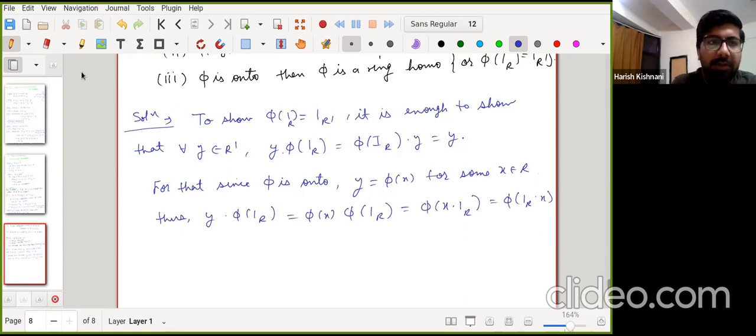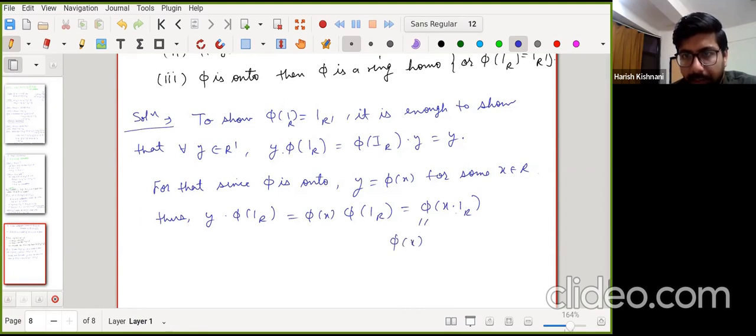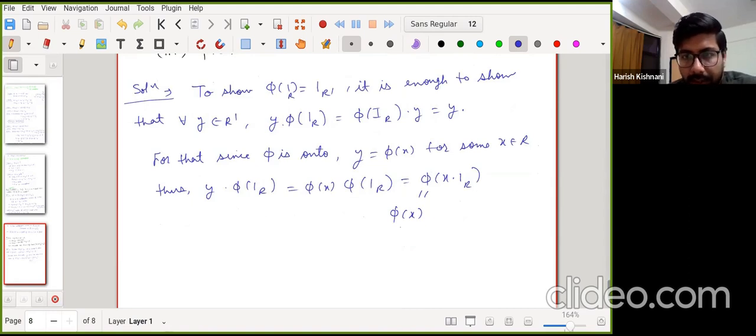I will do both the parts simultaneously. So this is the same as phi of x, right? Because 1R is the identity of the domain ring, and this is going to be y. So this part is satisfied. Phi of 1R times y is y, right? If you assume that it's commutative, then it's already done.